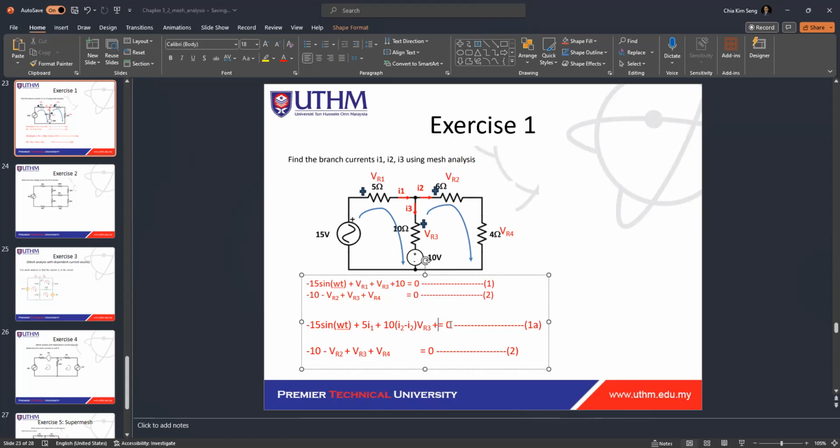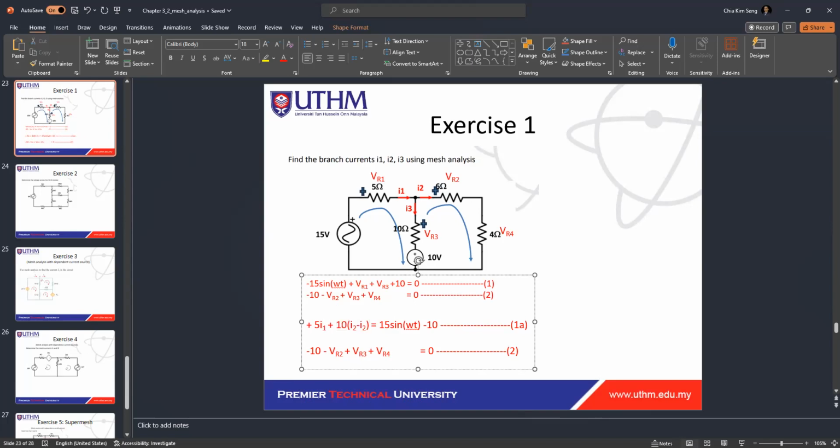Here we have a 10, to here we have a minus 10. Okay, and then this 15 AC, we move to here. It becomes positive. And then also this VR we already replace with this equation, V equal to IR. So we have IR here.